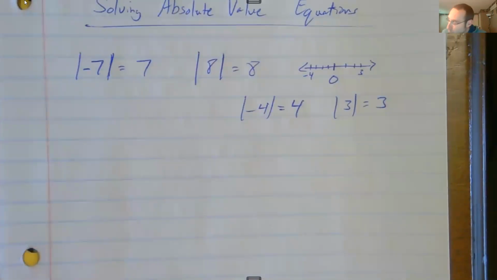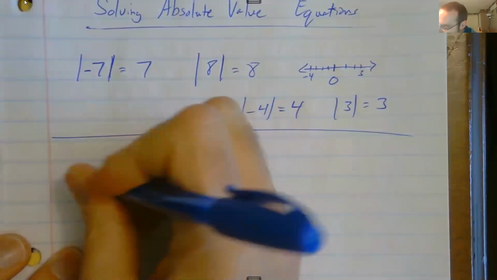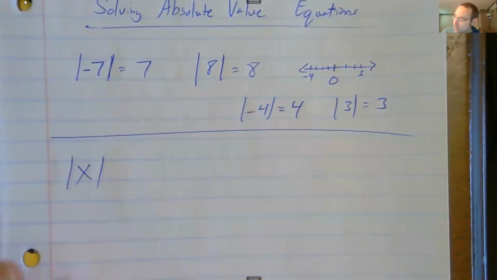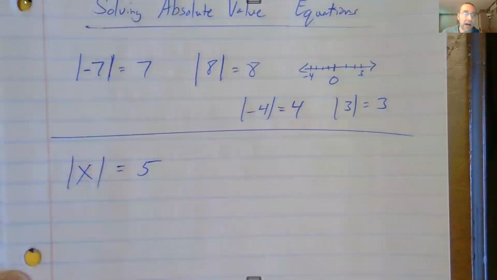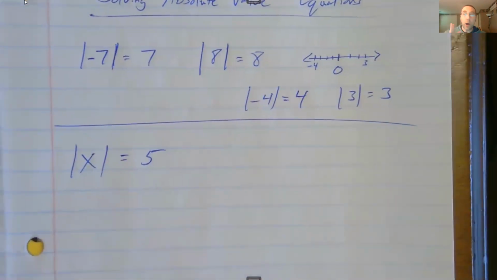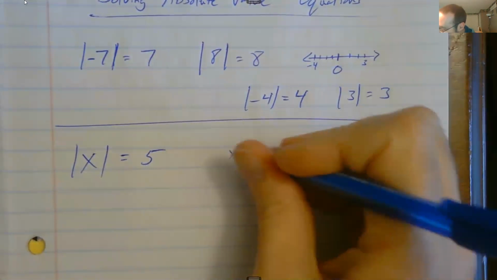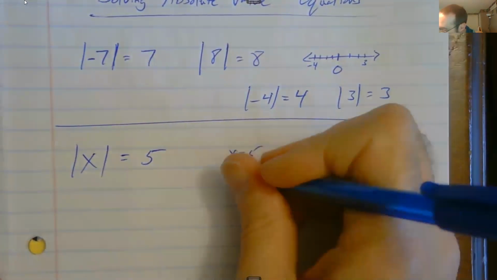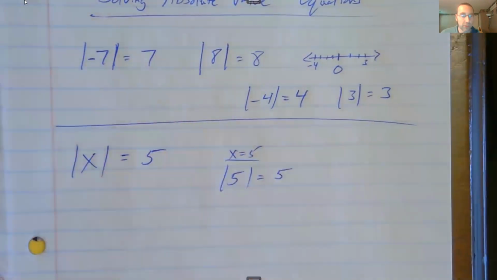What we want to talk about is, what if I don't know what's inside the absolute value? What if what I'm dealing with is x? And all I know is that the absolute value of x happens to be equal to 5. Well, there are two options, two things that would make that a true statement. One of those things is if x is equal to 5, because the absolute value of 5, sure enough, is equal to 5.